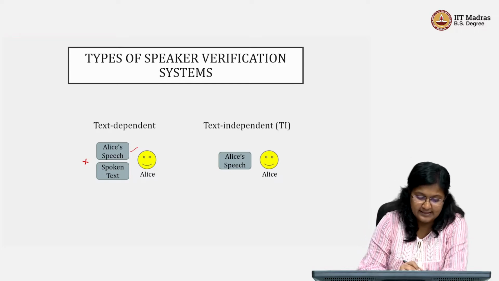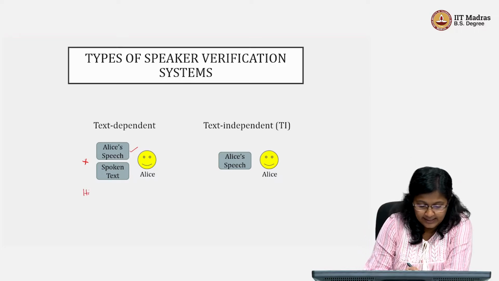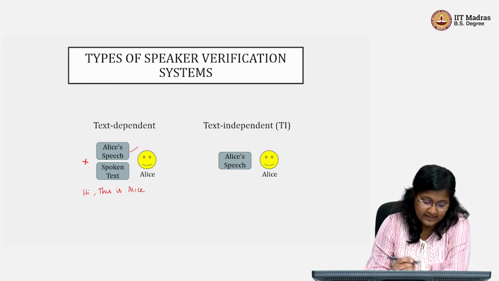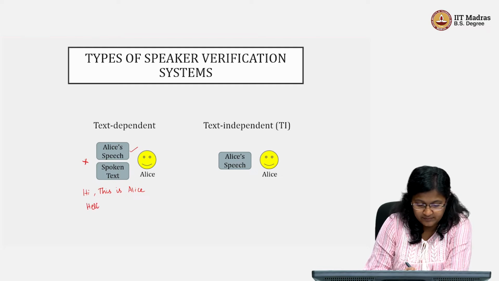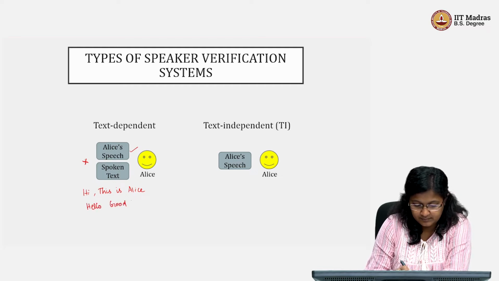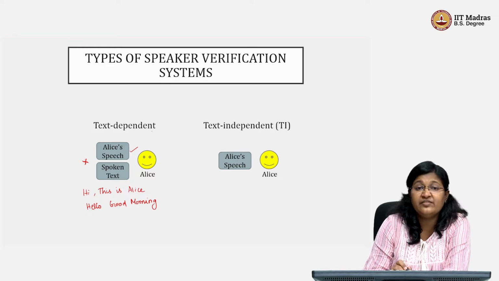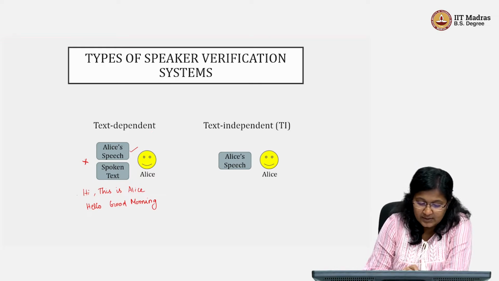Let's say Alice comes and says, hi, this is Alice. Or Alice can even say, hello, good morning. So a text dependent speaker verification system has access to the text that is spoken.